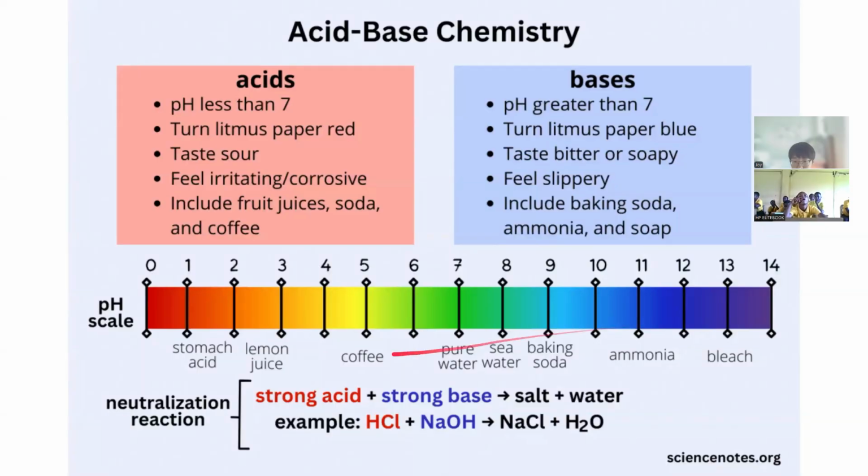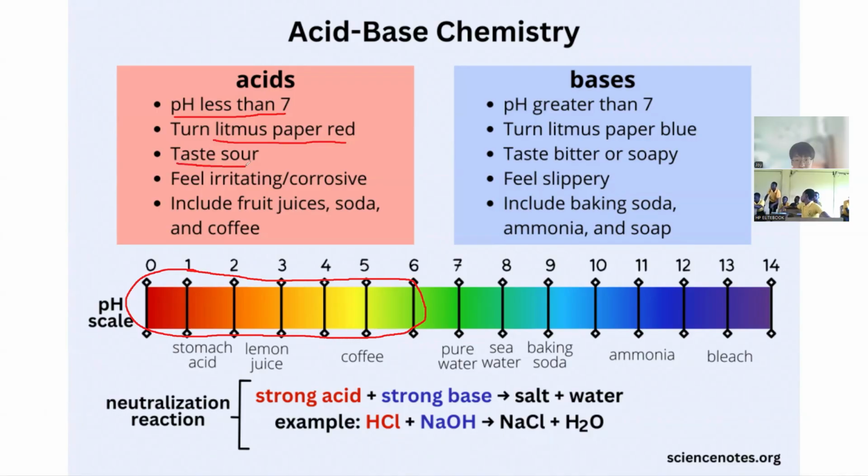Here are some properties of acids and bases before we get into the proper definition. Acids are when pH is less than 7. So all of these are acids. It turns the litmus paper red.